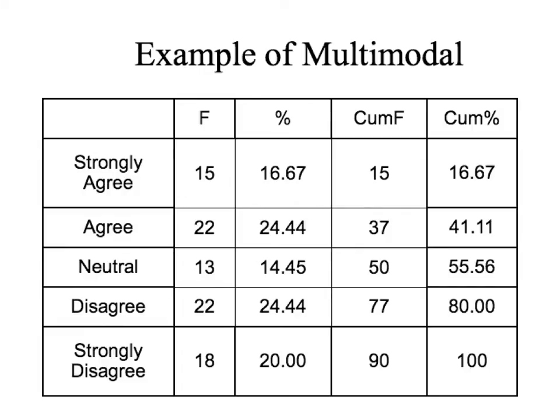Because there are 2 modes, this is called bimodal, bi meaning 2. If it had 3 modes, it would be trimodal, and beyond that it would simply be called multimodal. So sometimes you have more than one mode in your distribution.